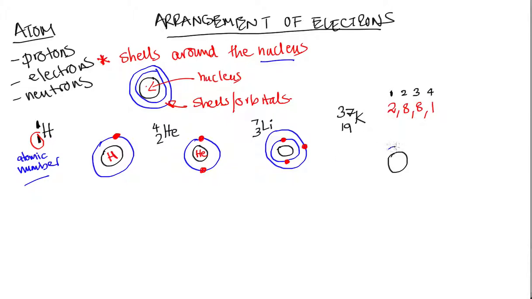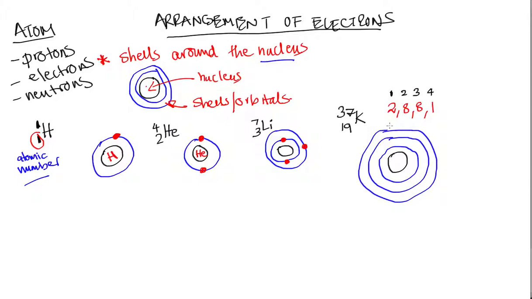So we'll go ahead and put the 4 shells. So that's 1. That's 2, 3, and the last one 4.